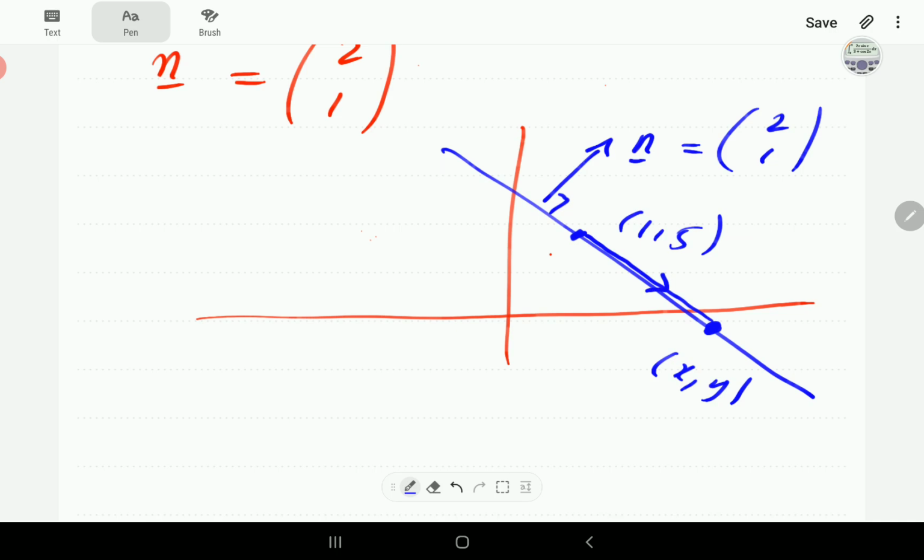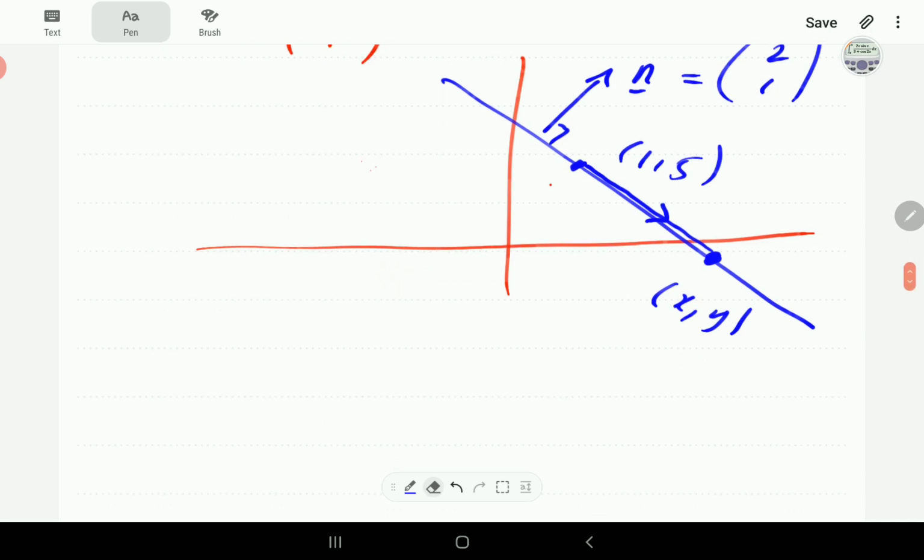Remember this is r naught. So this vector here is going to be (x minus 1, y minus 5).